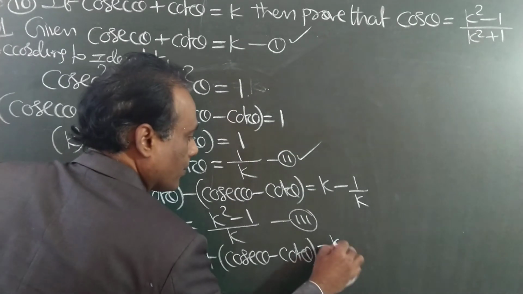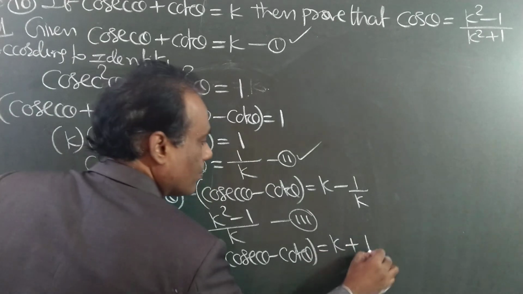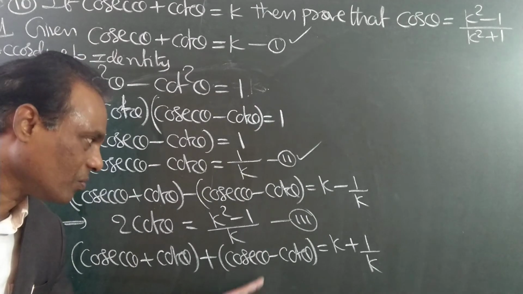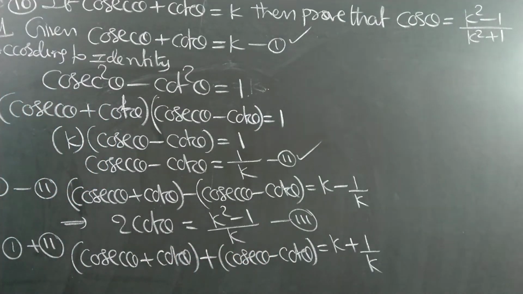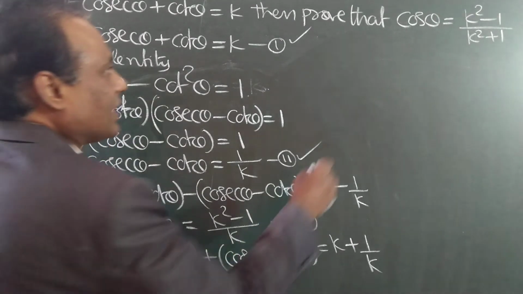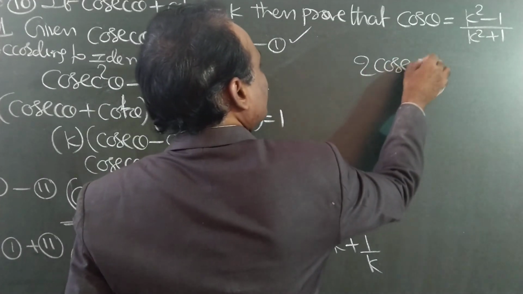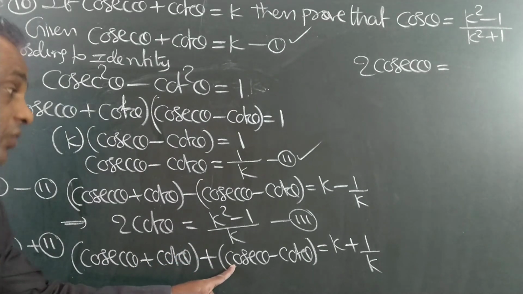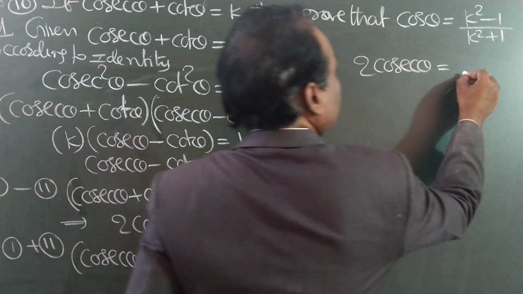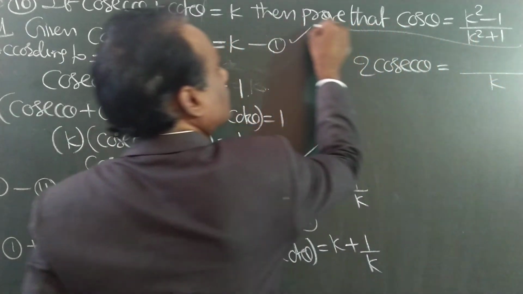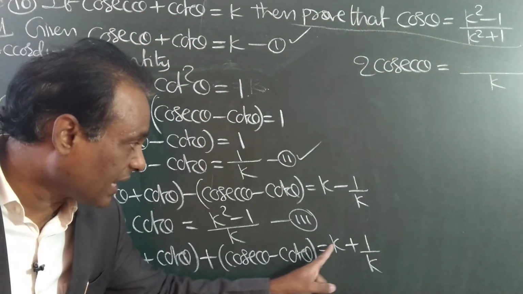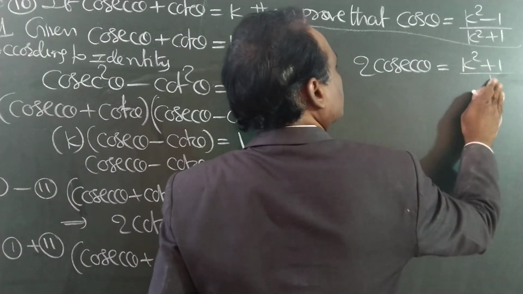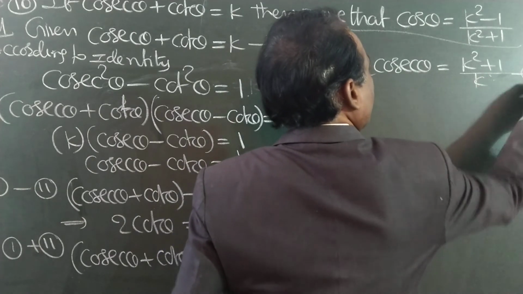The right side is k plus 1 by k. Cot theta cancels. Cosecant plus cosecant is 2 cosecant is equal to, LCM k, k square plus 1 by k. This is the new equation, the fourth.